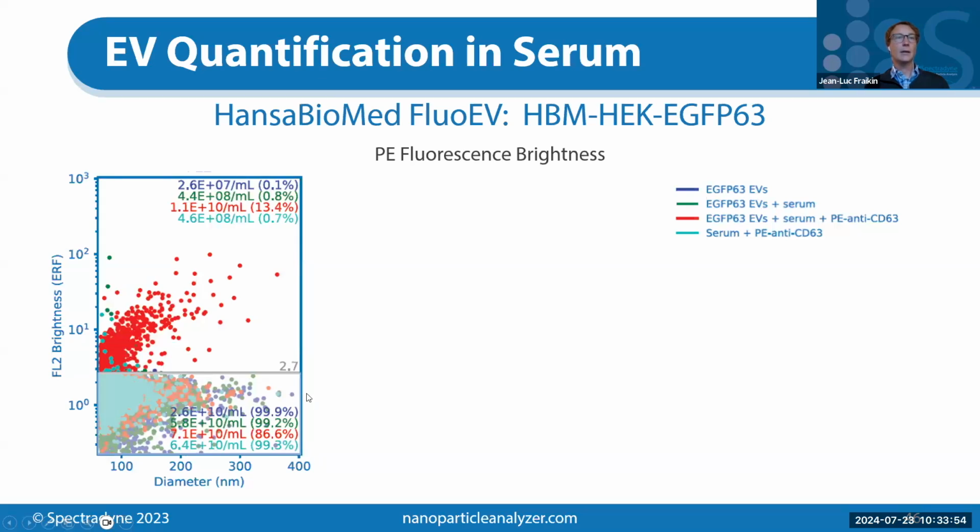And here you can see that the only samples that show a significant amount of fluorescence in the yellow channel are the ones that we stained with the anti-CD63 antibody, right? That makes sense. None of the other ones get the antibody. And our negative control is working here. When we try to immunostain just the serum by itself, we don't get any fluorescence either from this measurement.